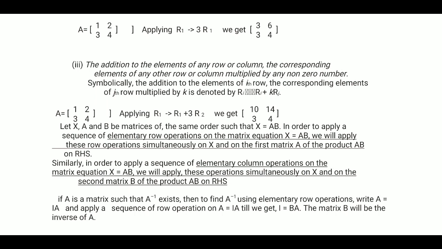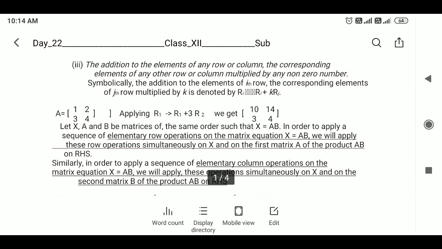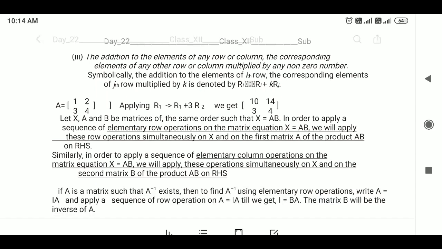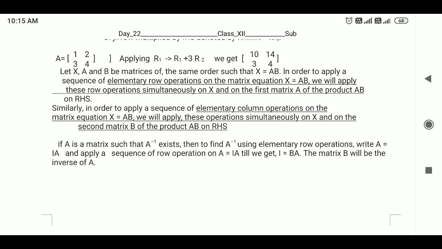It means if we apply row transformation, then that will be applied on the left hand side to X and on the right hand side only on matrix A, not on both A and B.